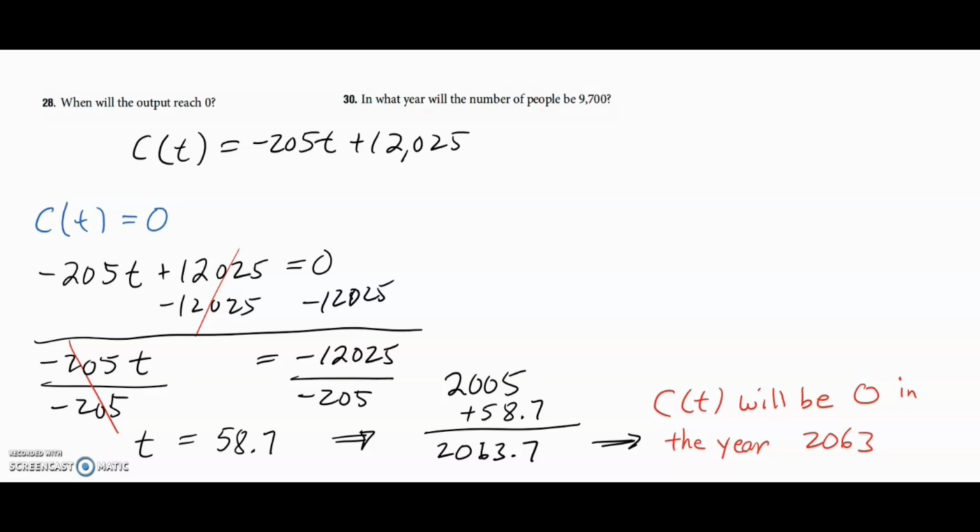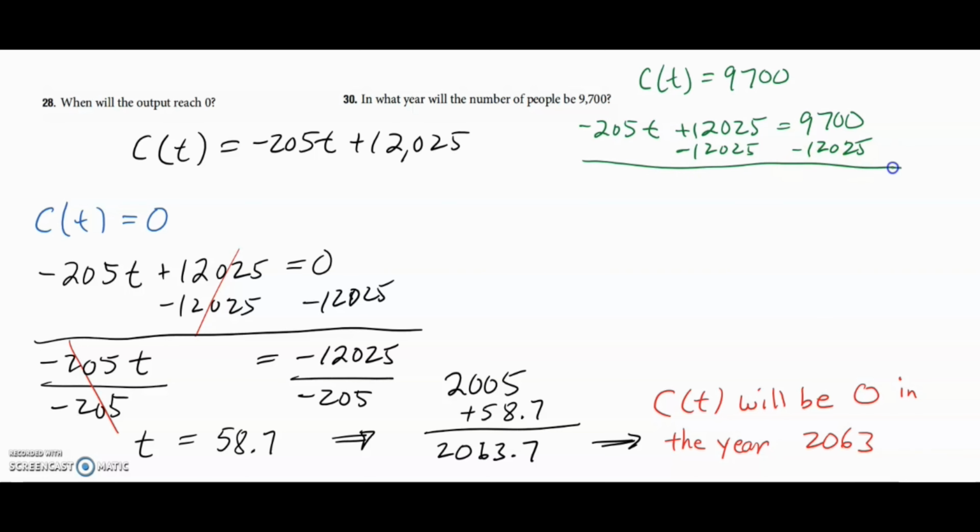Now, what about the next part? In what year will the number of people be 9,700? Well, it looks like we have to do the same thing, but instead of 0, c of t is 9,700. So once again, we're going to solve for t. I will, of course, add negative 12,025 to both sides, and then divide by negative 205 like we did before.